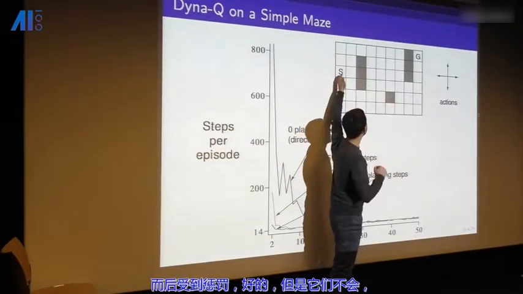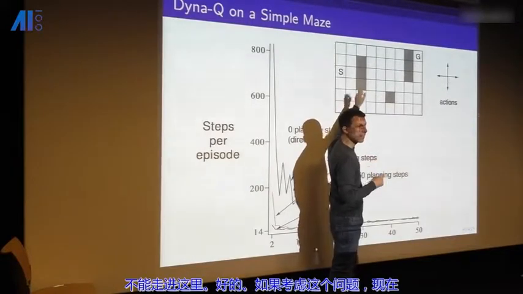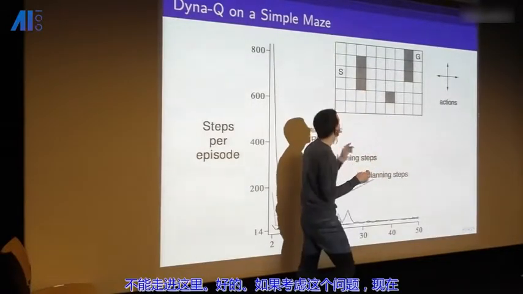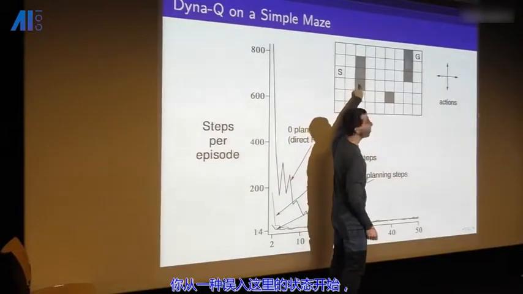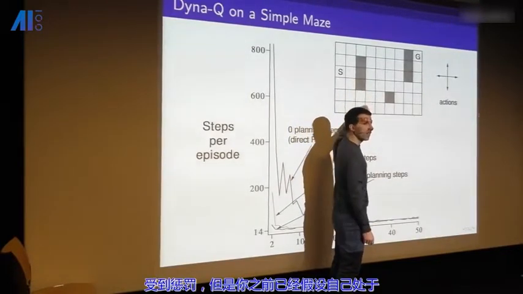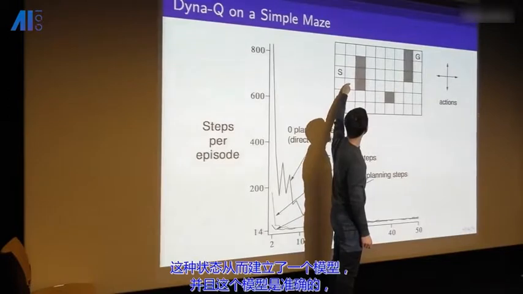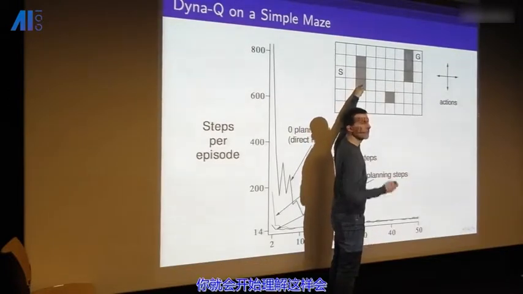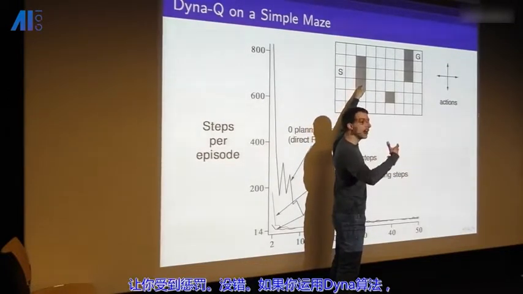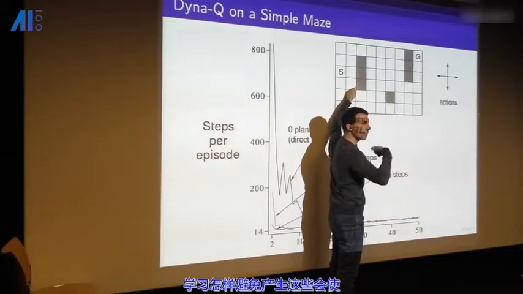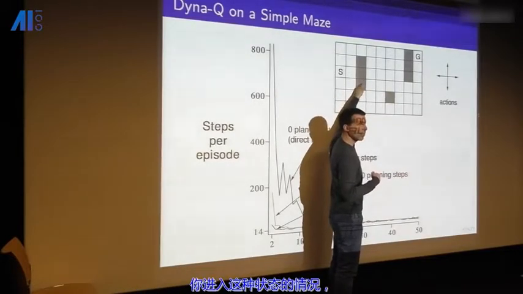In the original problem, you can't even walk into these. If we consider this problem, you would occasionally wander into these states and hurt yourself, but you'd build up a model that if you're in this state and go right, that hurts you. And now if you use Dyna, you would plan more efficiently to understand how to avoid ending up on these states.